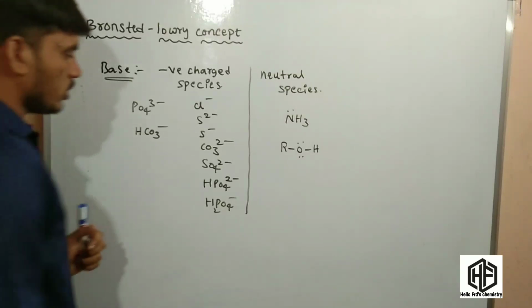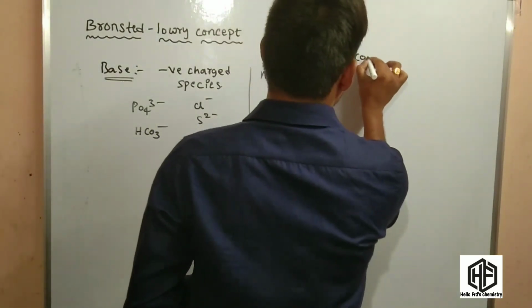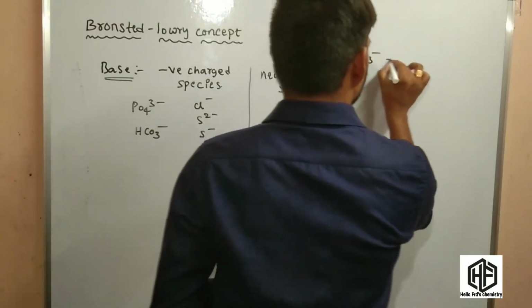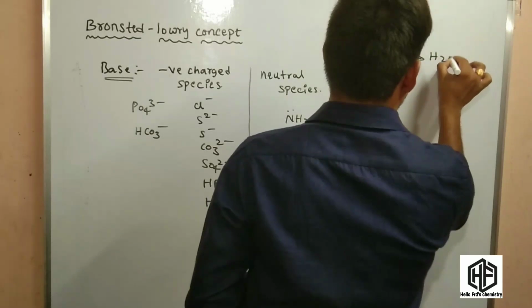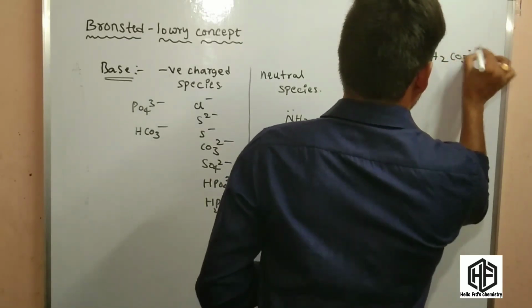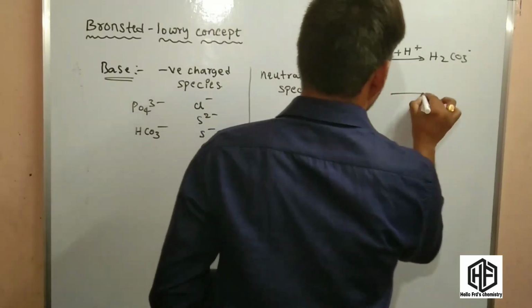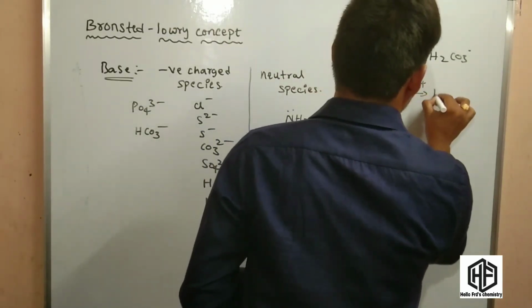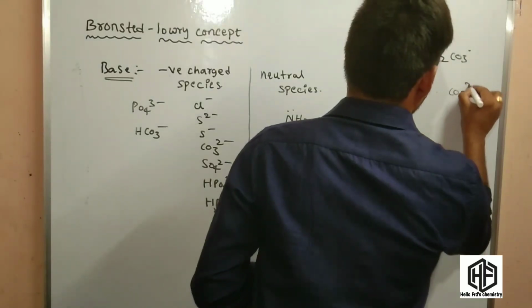HCO3 minus is a proton acceptor, forming H2CO3, as well as a proton donor, forming CO3 2 minus.